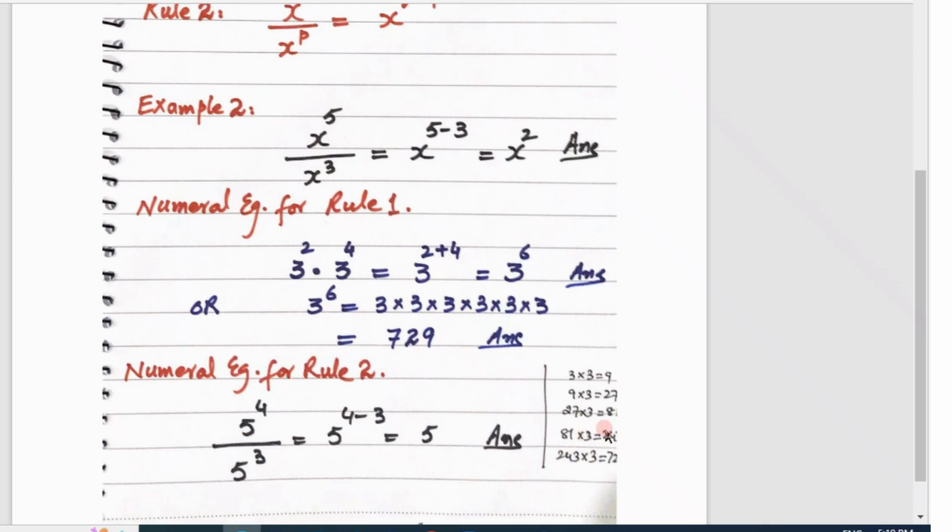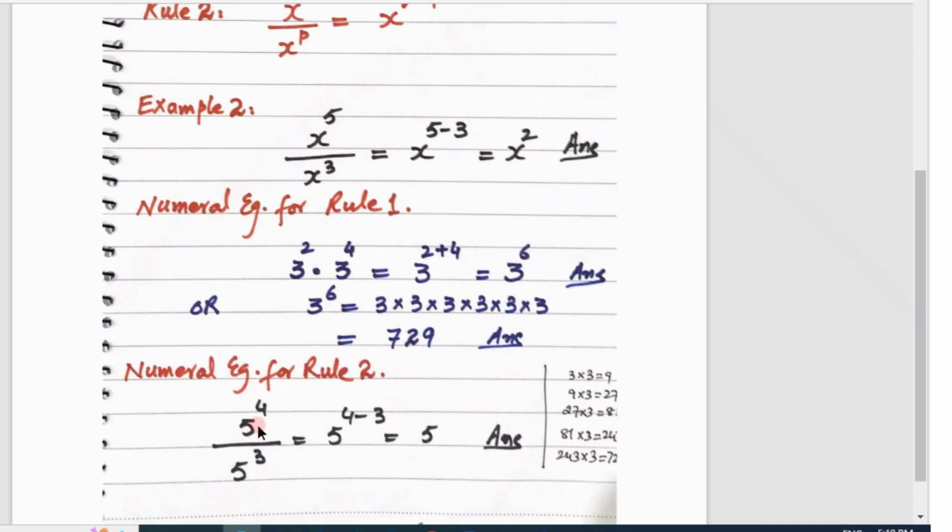It is written in the rough column. You can multiply these numbers this way as I have told you, and you will get 729. If the answer is required in number form, you will do this. If the answer is required in exponent form or exponential form, you will give this answer.